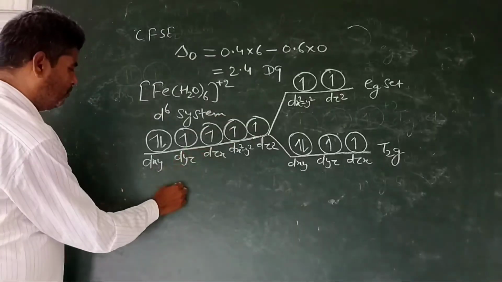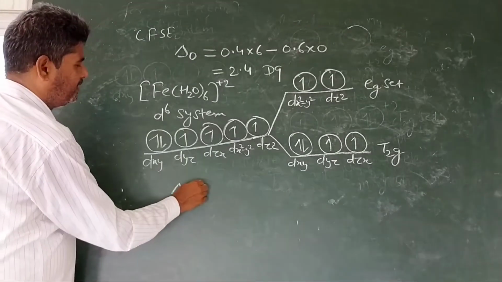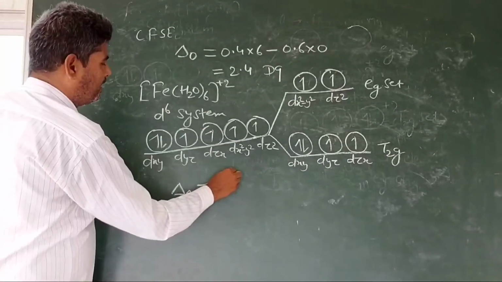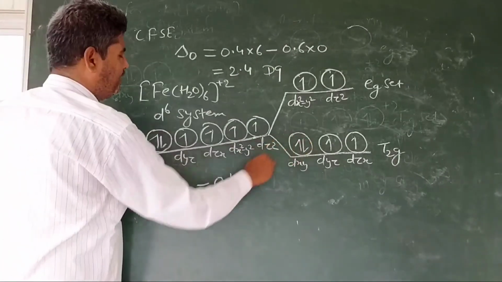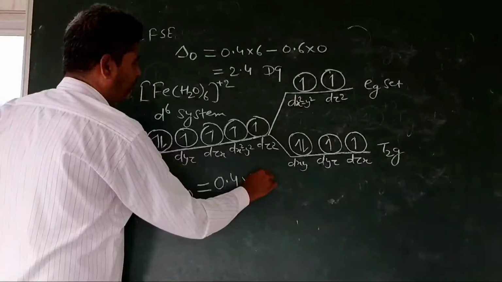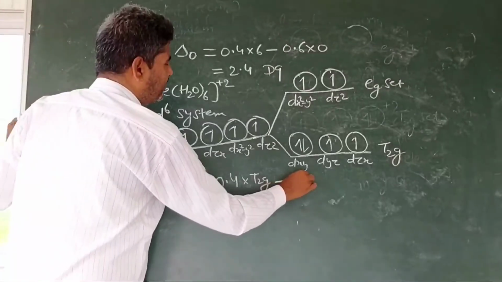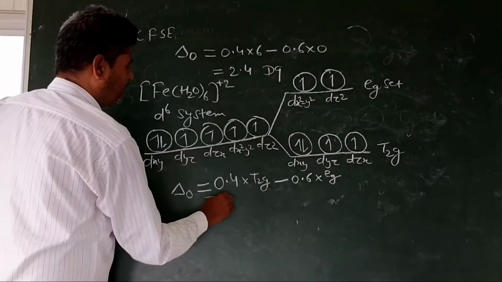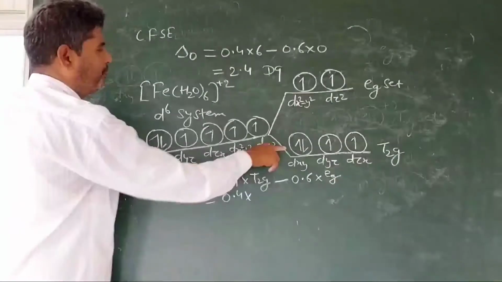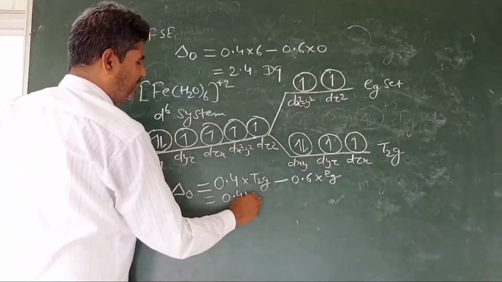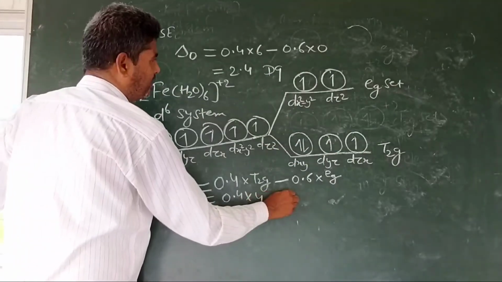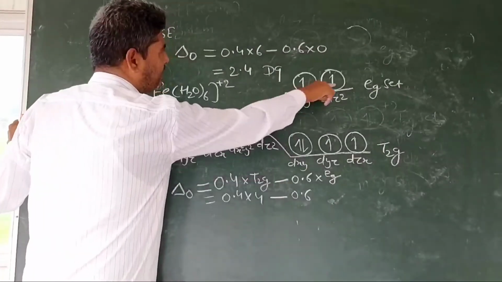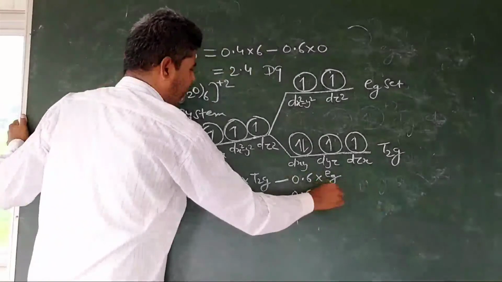So CFSE is equal to 0.4 times the number of electrons in t2g minus 0.6 times the number of electrons in eg. 0.4 into 4 electrons present in t2g, so 0.4 times 4 minus 0.6, 2 electrons in eg shape, into 2.